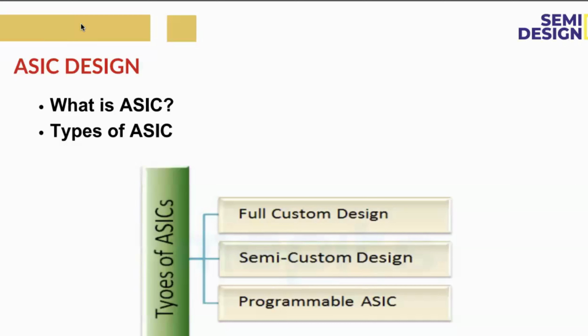In modern days, we are seeing 32-bit processors, memory blocks, and large building blocks. All these things will be included on the ASIC chip. So the overall design can be made into a single integrated circuit, and we can reduce the number of additional circuits.